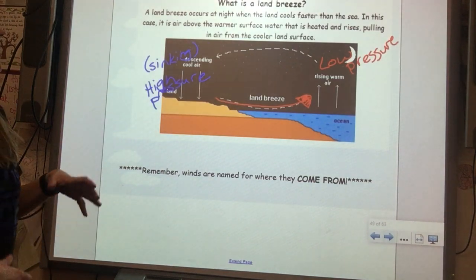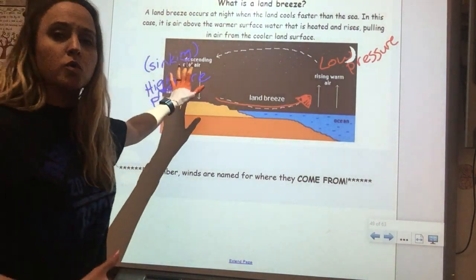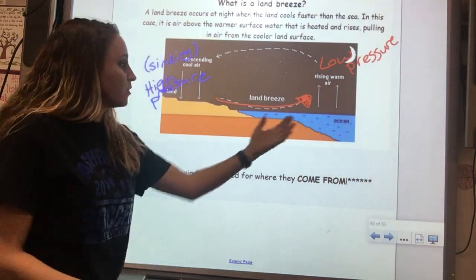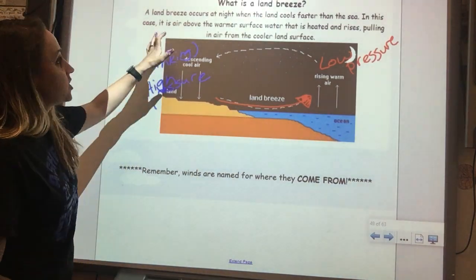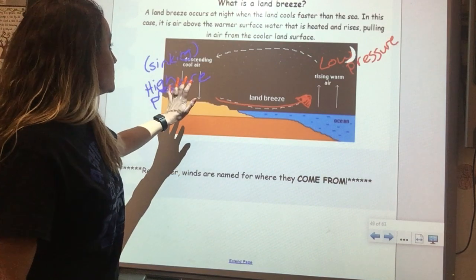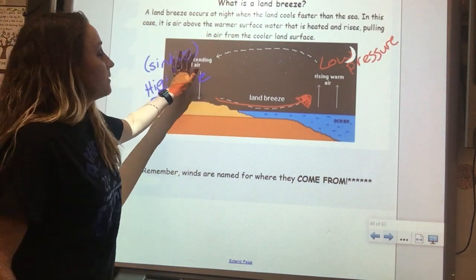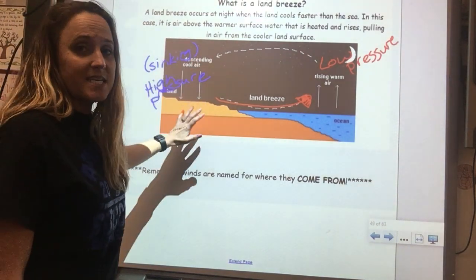At night, the land cools off much faster than the water does. The water tends to hold on to its heat. So as that land cools, the air above it also cools and sinks.